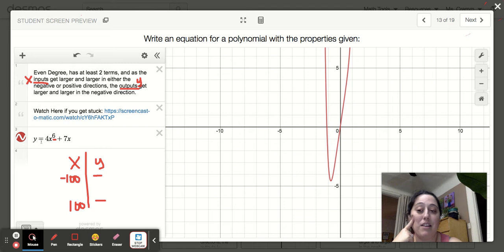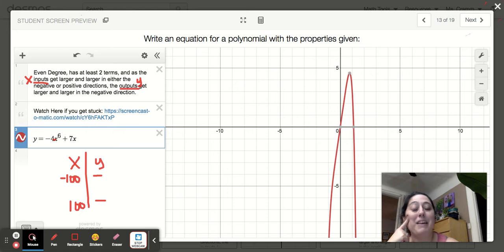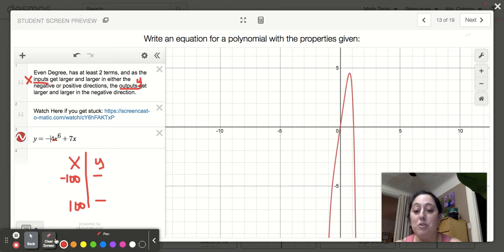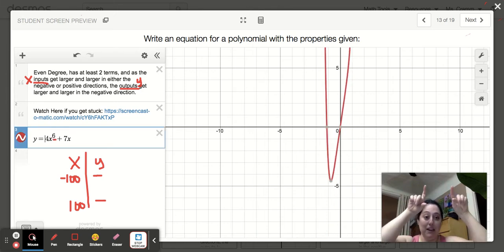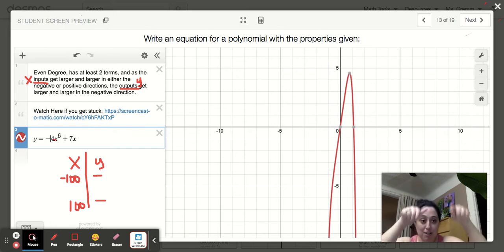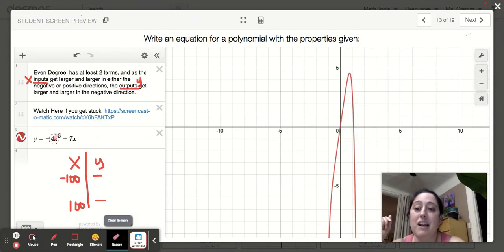Make that leading coefficient, for the leading term, into a negative number. So we went from positive 4x to the 6, both ending up, to negative 4x to the 6. So they're both ending down. Then I just follow that through the rest of the directions. Cool, I got all of that.